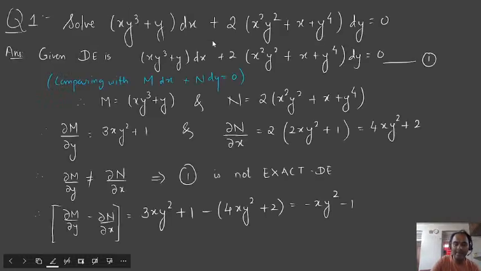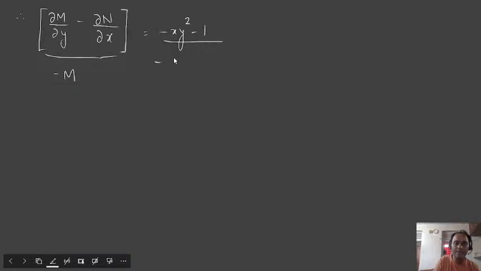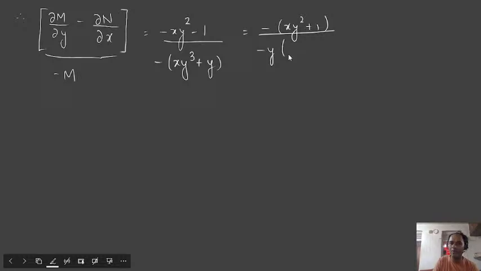M is xy cube plus y, with a minus sign already applied, so minus of xy cube plus y. Now when we simplify this, the minus sign from the numerator and the denominator gets cancelled, and you can take y outside, so we get minus of y over xy square plus 1.